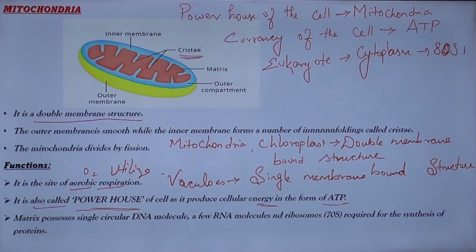Whereas in the chloroplast, as in prokaryotes, 70S ribosomes we have already seen, right? So this is the point. Mitochondria and chloroplast are double membrane bound structures, vacuoles are single membrane bound structures, lysosomes are also membrane bound organelles, the powerhouse of the cell is mitochondria and the currency of the cell is ATP.